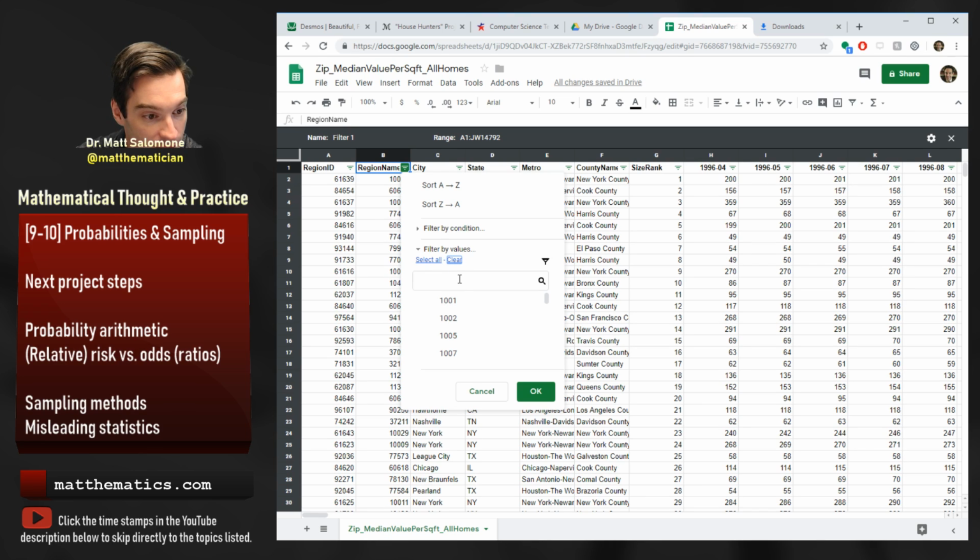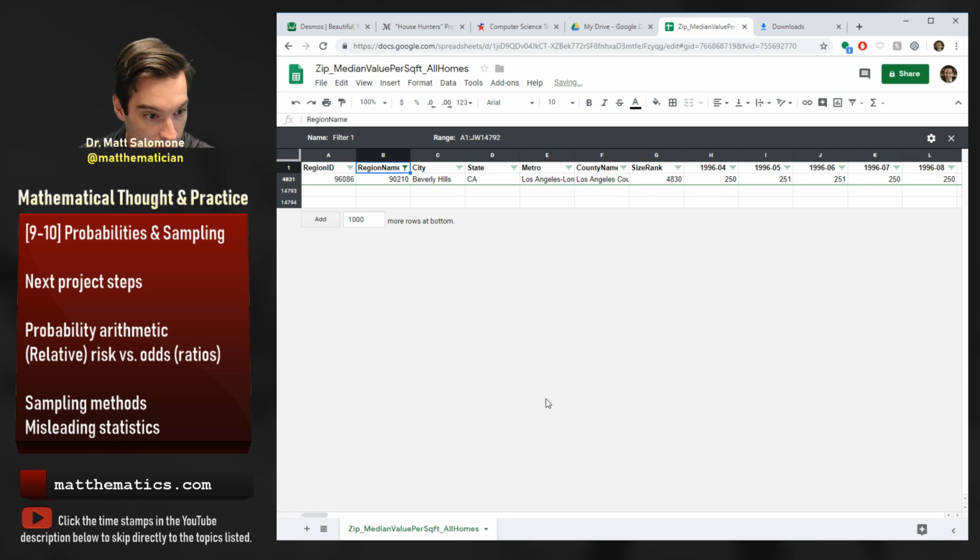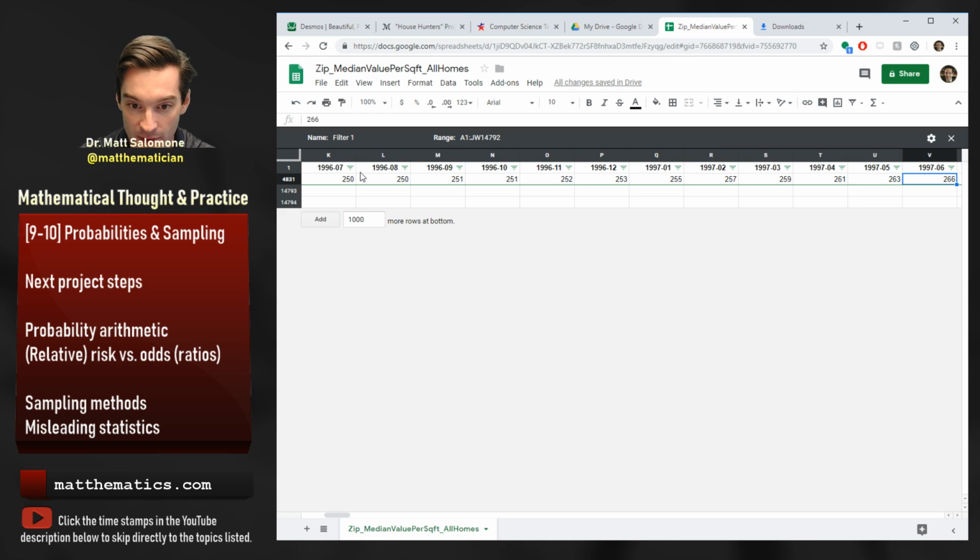Clear all my values and select only the one I want. There we go. Now I have just the data right here, the median. Again, we'll look back on Zillow and figure out what this data set is actually telling me.